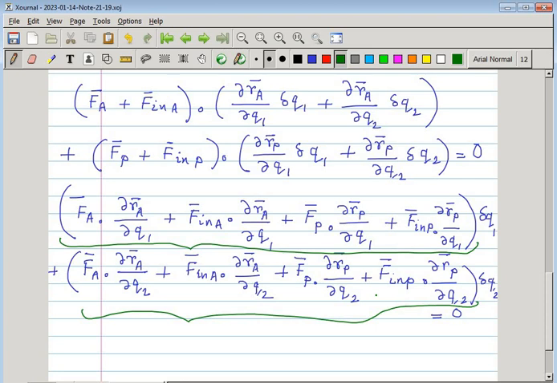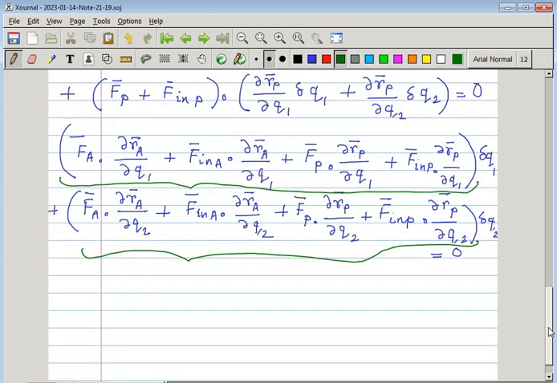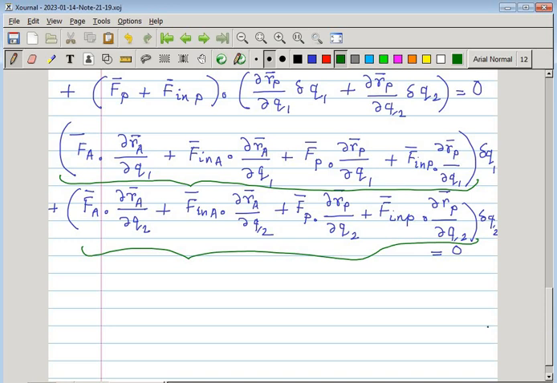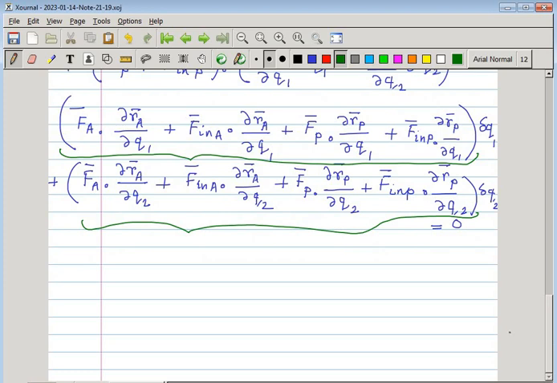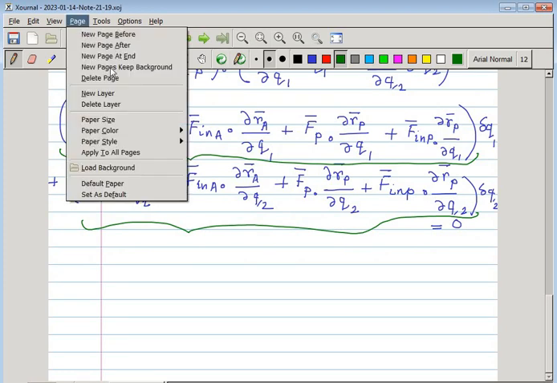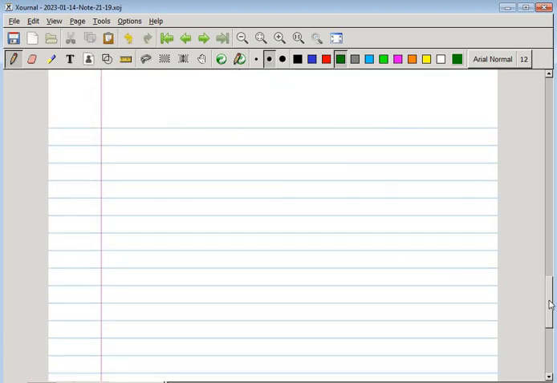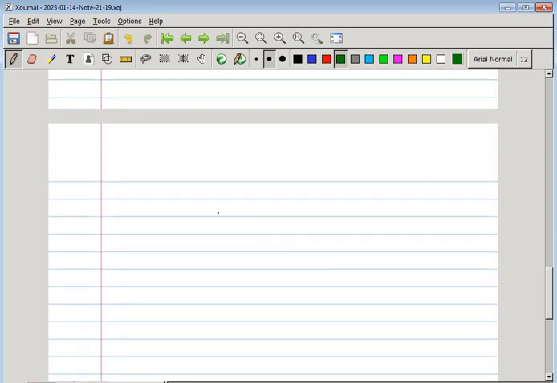Now you can actually write it in a tabular form. Suppose you make a table like this.